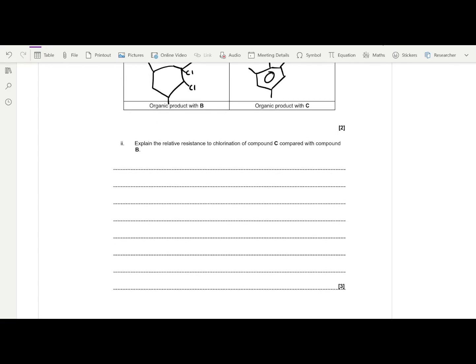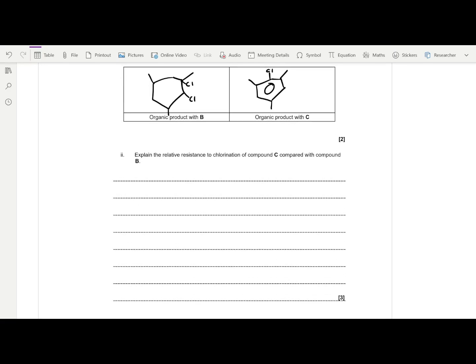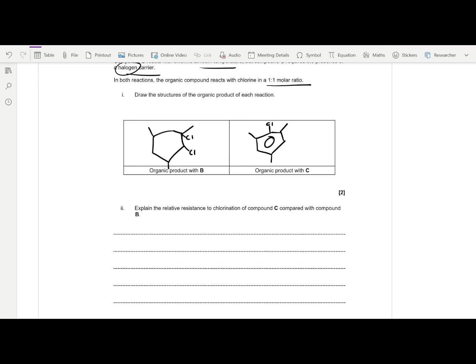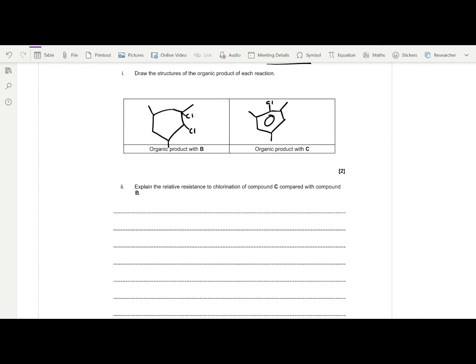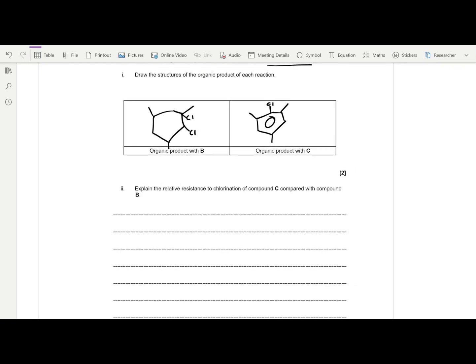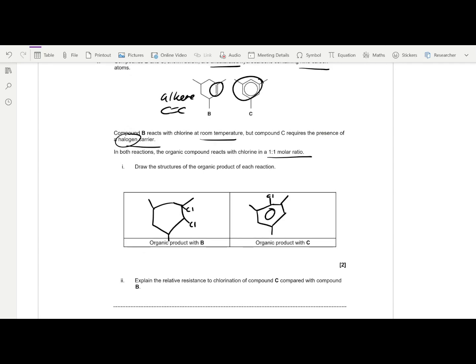Part 2: explain the relative resistance to chlorination of compound C compared with compound B. Compound C, as we said before, is benzene, and benzene has a delocalized pi system where it has 6 delocalized electrons spread over 6 carbon atoms, whereas compound B we know is an alkene.